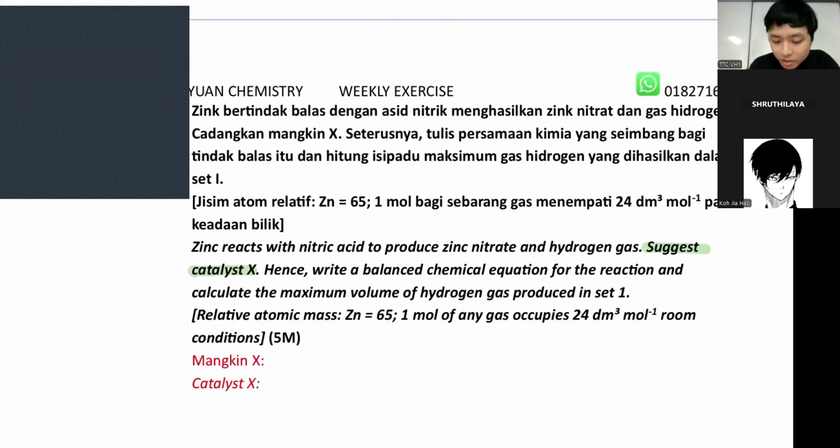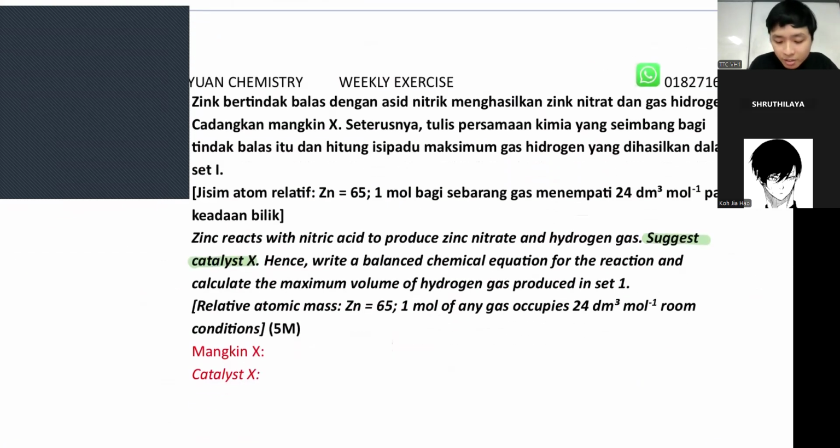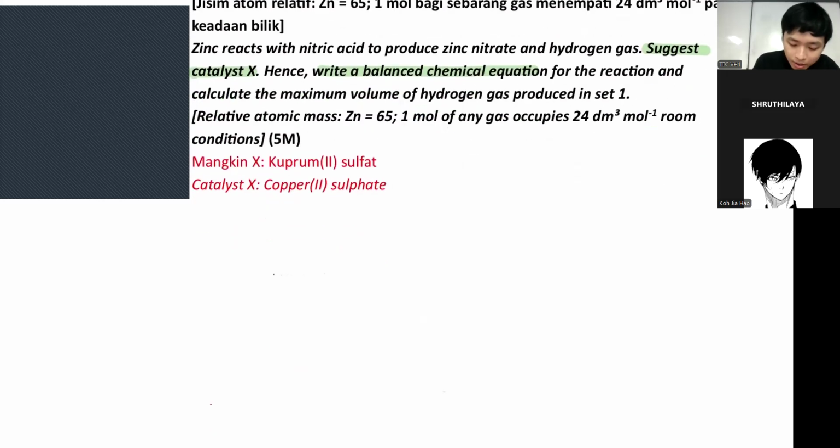I told you just now, if you got acid reacting with metal, like here nitric acid reacting with zinc, the catalyst is copper(II) sulfate, CuSO4. So the equation, same thing. You get Zn plus nitric acid.